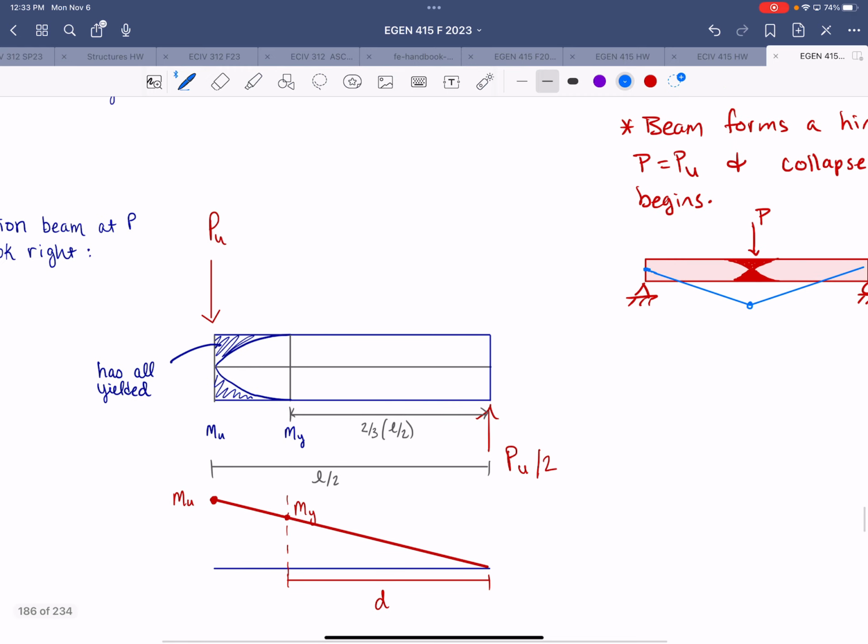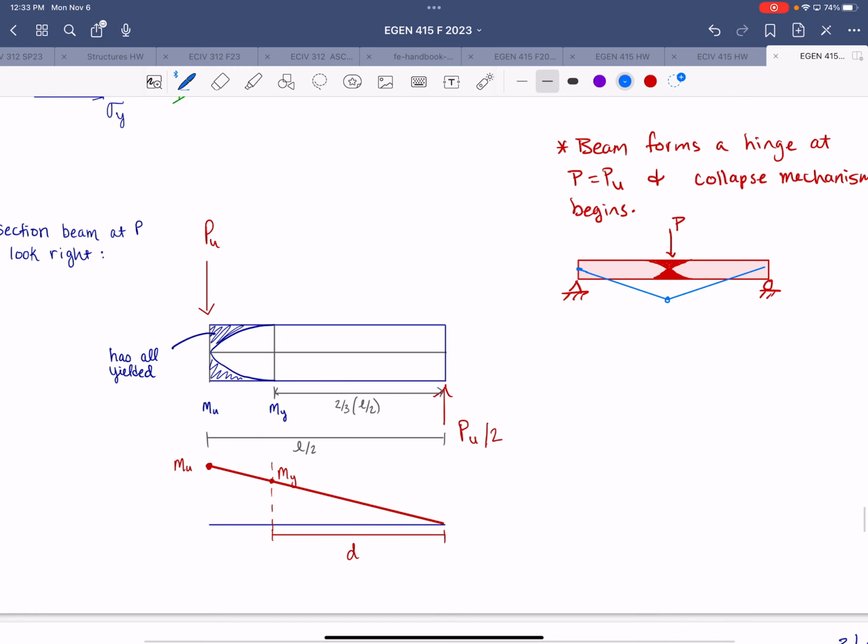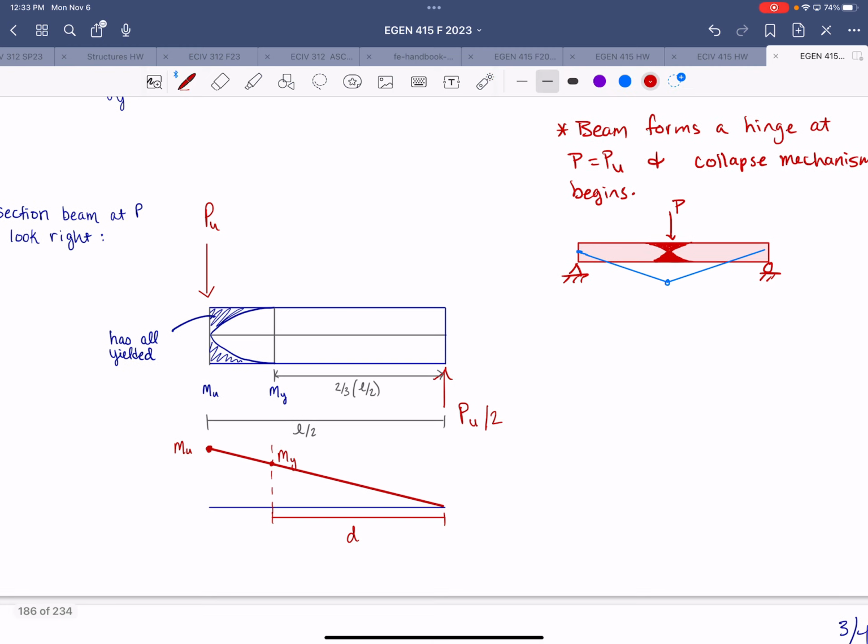So if we focus on the right side of the hinge, and we get a little bit more detailed, we can determine exactly how far along the length of the beam we have some yielding occurring. So we're looking to identify this point where we can distinguish between the portion of the beam that hasn't yielded at all along the length, and then the portion that has some yielded fibers.